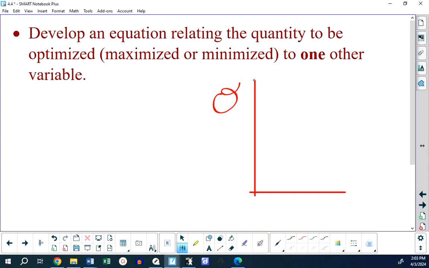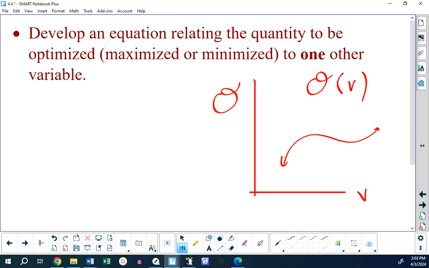If you want to make it as large as possible, you need to look at it as a function of some other variable. You don't do it graphically. This other variable could be anything. I'm just going to say v for variable. So what you end up with here is a function, O, the thing to be optimized, is a function of v, and perhaps the function looks like that.